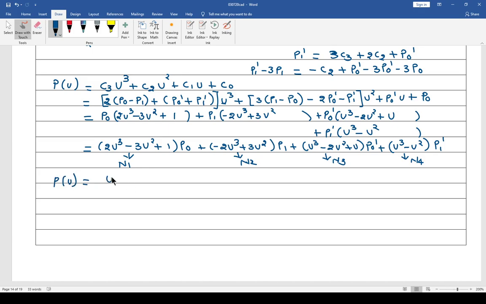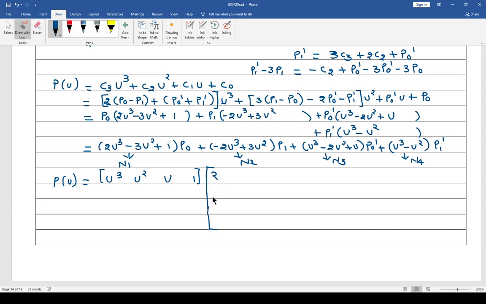I have u cube, u square, u and 1. So this will be multiplied with a matrix. So I just need to write 4 by 4.